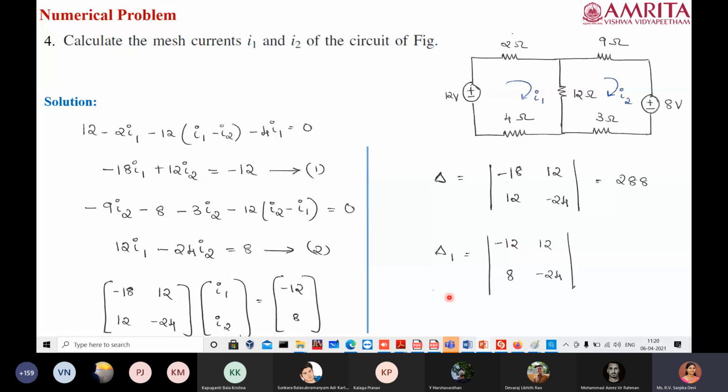Here the first column of the matrix is -18 and 12. Replace the first column with the constant terms, -12 and 8, keep the second column as such, and then take the determinant. That will give us delta 1.